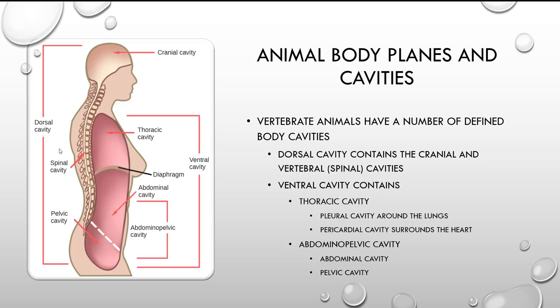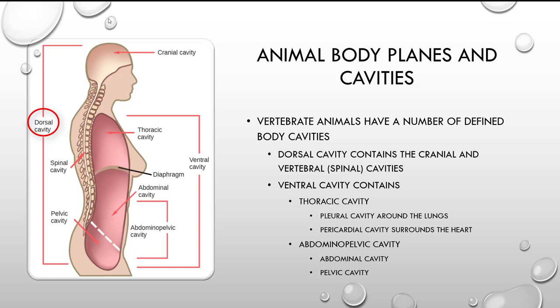So the cranial cavity, of course, houses the brain. And then the vertebral cavity is also known as the spinal cavity, so that contains the vertebral column, or the backbone.